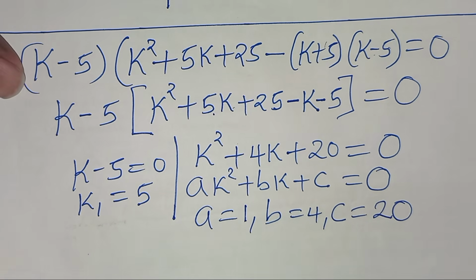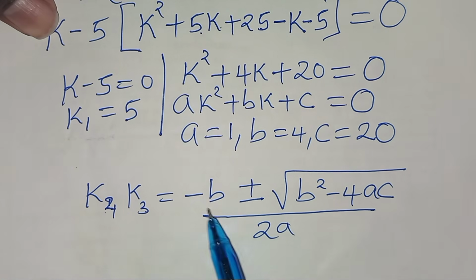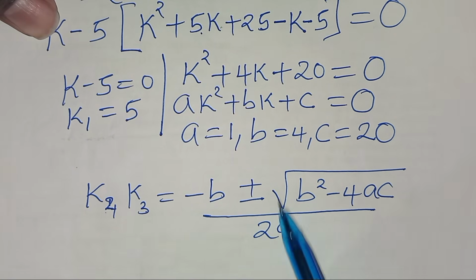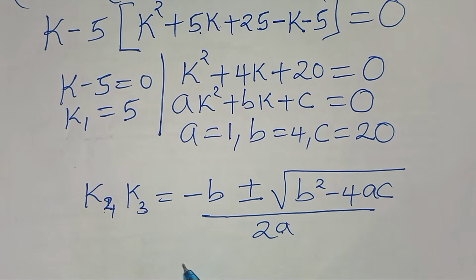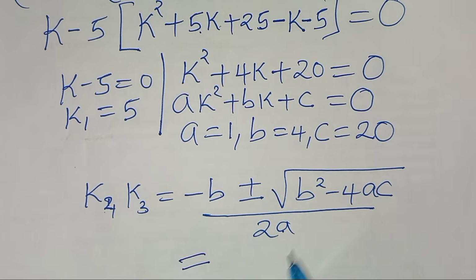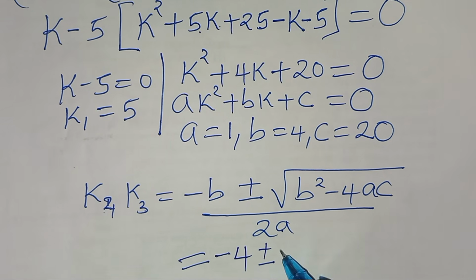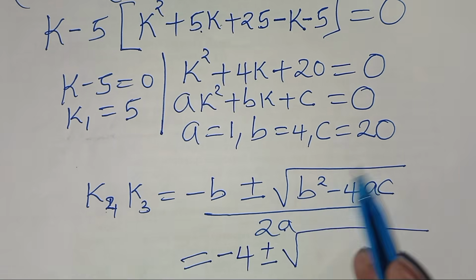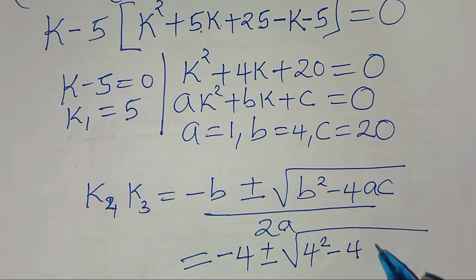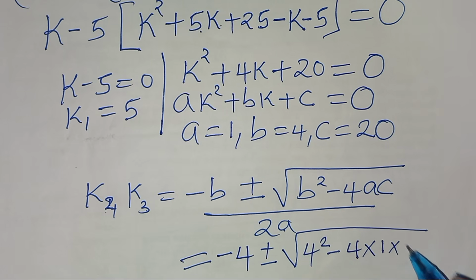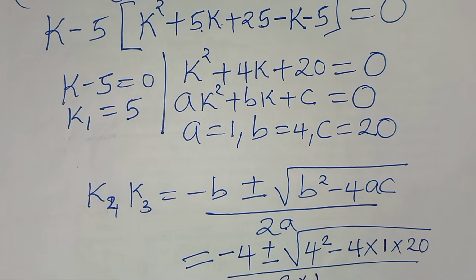So for the values of k2 and k3, we introduce the quadratic formula, which is negative b plus or minus the square root of b squared minus 4ac, divided by 2a. Now, let's substitute the values of a, b, and c. So we'll have negative 4 plus or minus the square root of 4 squared, subtract 4 times 1 times 20, divided by 2 times 1.